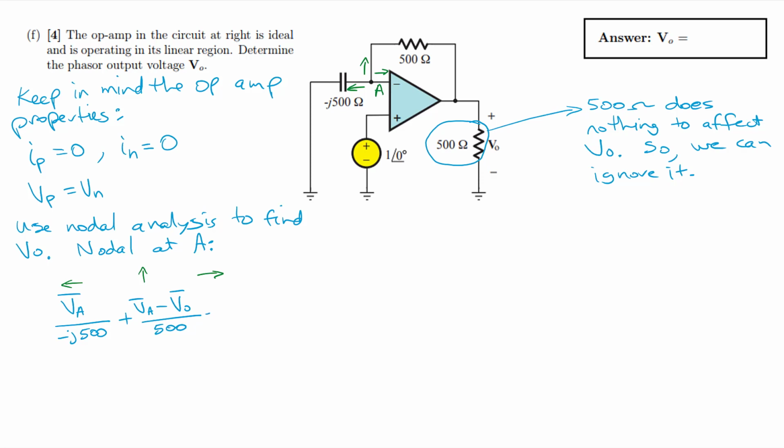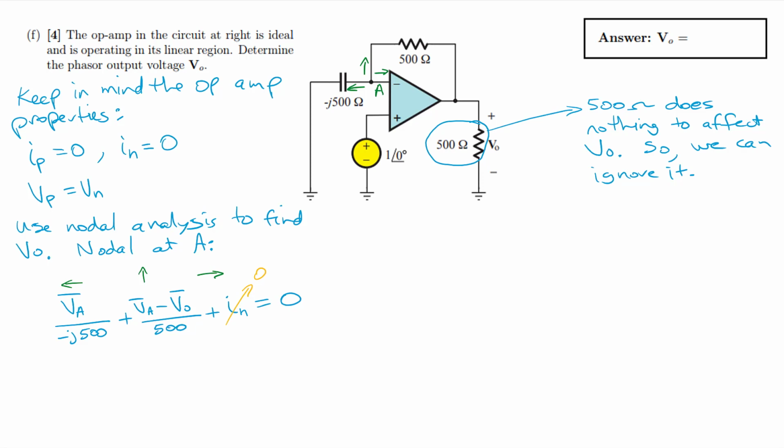And then going to the right, it's going to the negative input terminal, so In, and we know that that's 0. The sum of all of the currents is equal to 0 because of KCL.